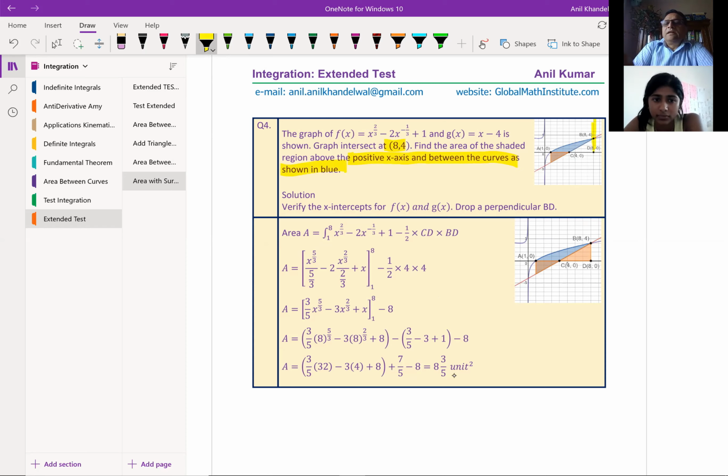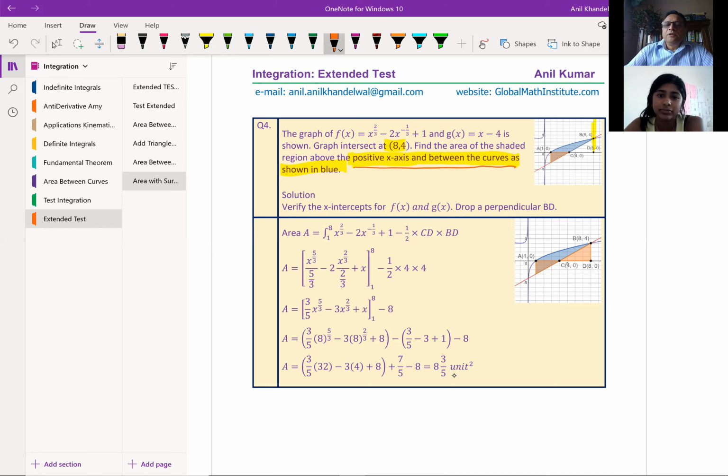So what I've done is show in blue the real area which you want to calculate. Is that clear to you? When we say the area of the shaded region above the positive x-axis and between the curves, that means that particular blue area. In the examination, they are not going to tell you blue area.